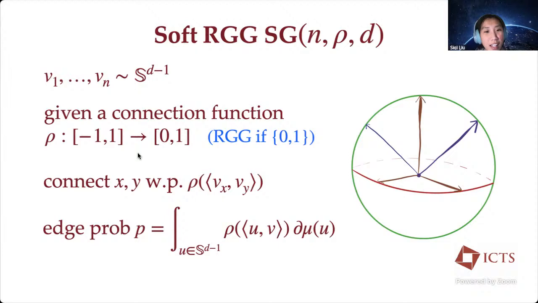Then we connect the two points Vx and Vy with probability equal to rho applied to the inner product between Vx and Vy. If the inner product is really big, then the probability that an edge is present would be big. If it's very small, then the probability that an edge is present will be very small. So this is a softer version because there's randomness on top of the choice of V1 through Vn.